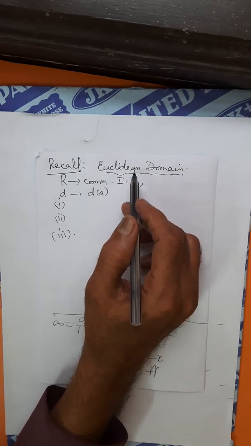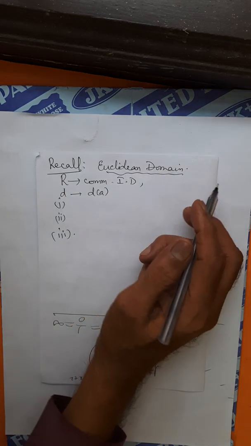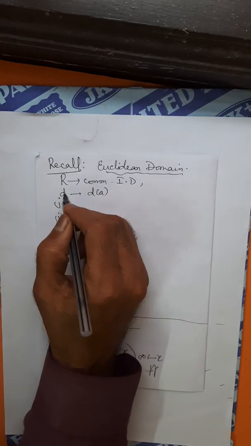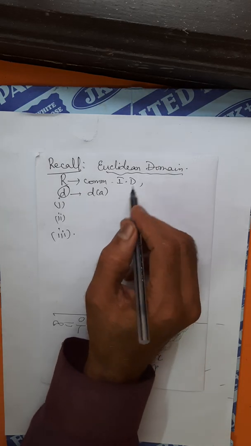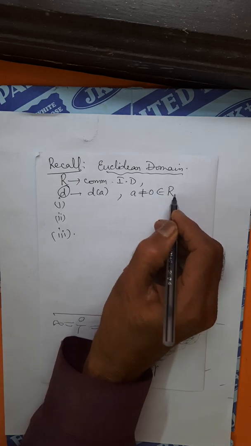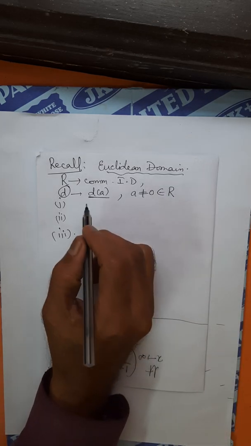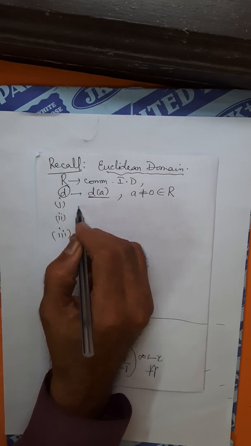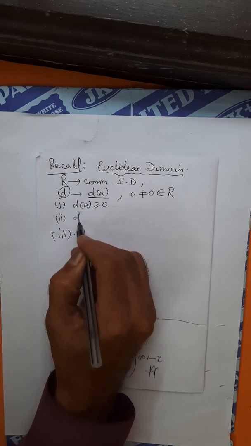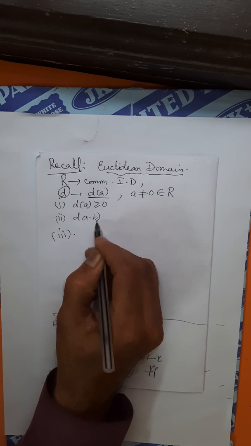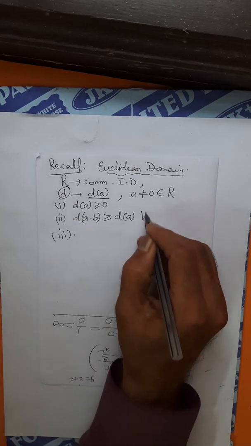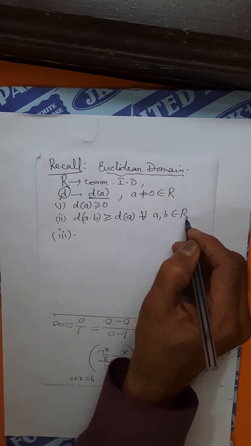A Euclidean domain R is a commutative integral domain in which there is defined an integer value function d, such that for every non-zero member a of R, d of a is greater than or equal to 0, and d of ab is greater than or equal to d of a for all a, b belonging to R.